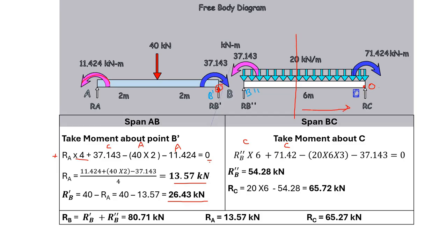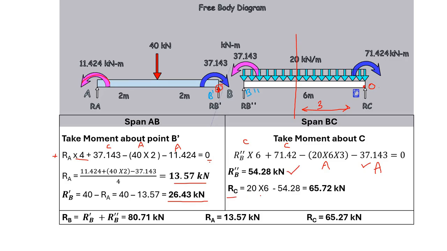So 2 into 6 into 3 is anti-clockwise, and minus 37.143 is anti-clockwise. Now you have to put the minus sign. So you get RB double dash equal to 54.28.